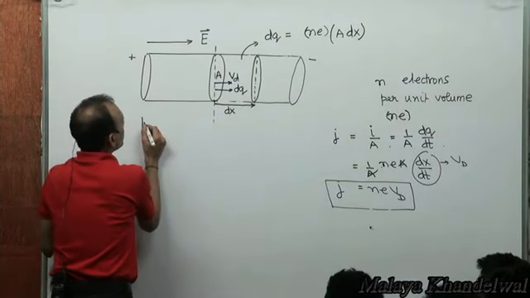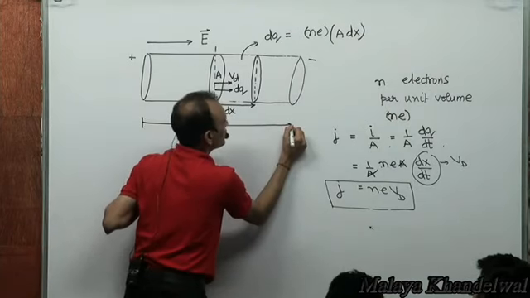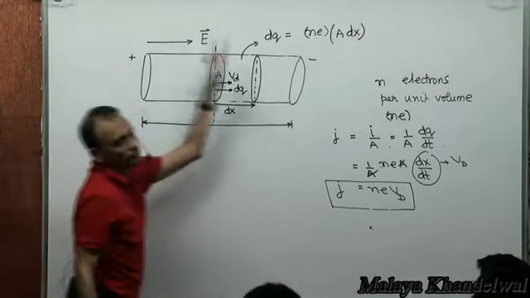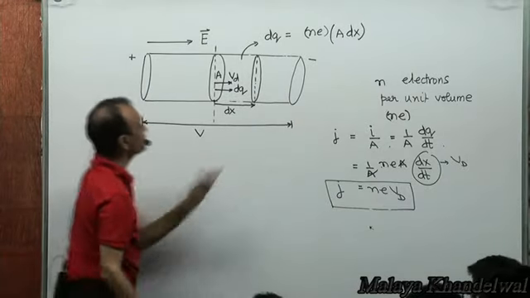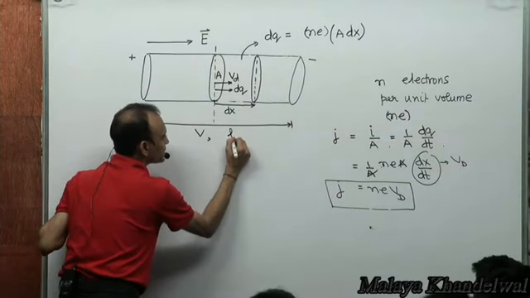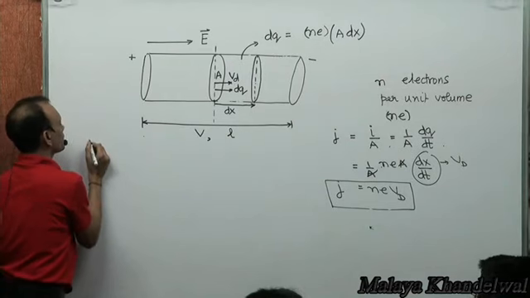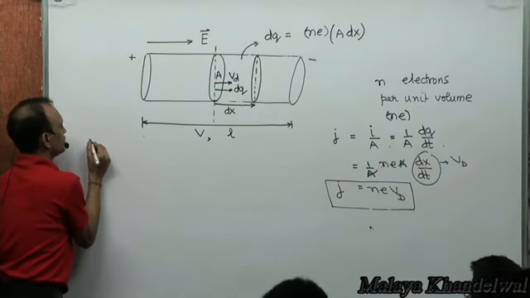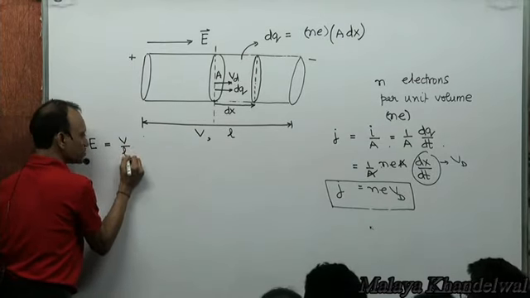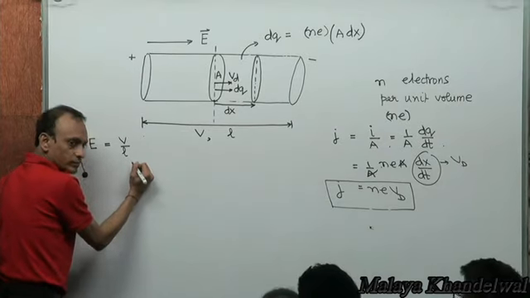If there is an electric field E and the potential difference between the ends is V over a length L, then can I not say that E would be V by L? This is what we have learnt in electrostatics. E would be V by L, right?